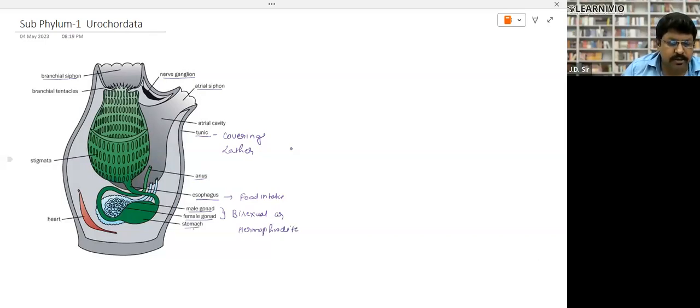This is the stomach, meant for digestion. This is the heart, right? And these structures are called stigmata, which help in intake of food, right?